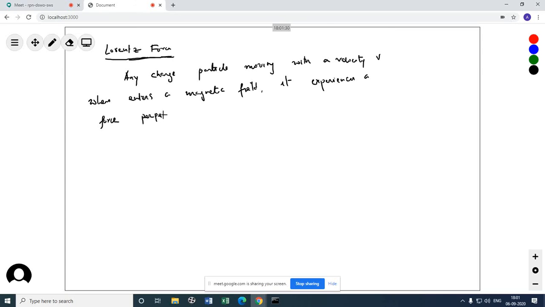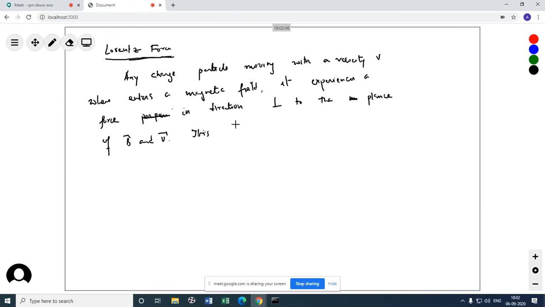It is a force in a direction perpendicular to the magnetic field, perpendicular to the plane of B and V. Okay?